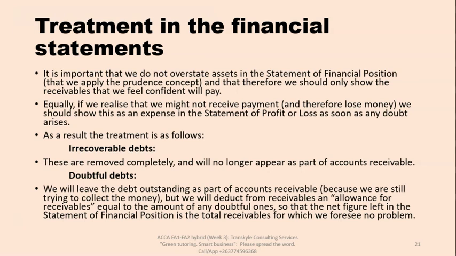Irrecoverable debts are removed completely and will no longer appear as part of accounts receivable. Doubtful debts: we leave the debt outstanding as part of accounts receivable because we are still trying to collect the money, but we deduct from the receivables an allowance for receivables equal to the amount of any doubtful ones, so that the net figure left in the statement of financial position is the total receivables for which we foresee no problem.